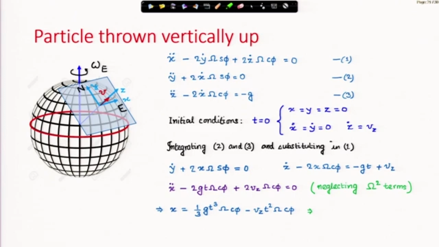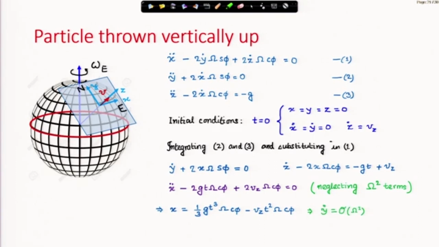Now, you will find that at t equal to 0, x was 0, but as t progresses, the x coordinate will change. This is quite surprising, and this happens because of the rotation of the earth, because if you put the spin of the earth omega as 0, there is no change in x coordinate, because we have thrown the particle vertically up.